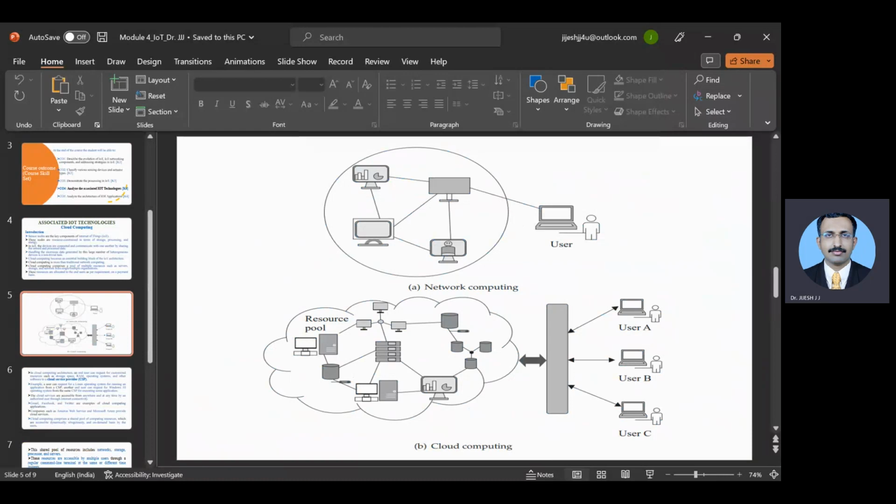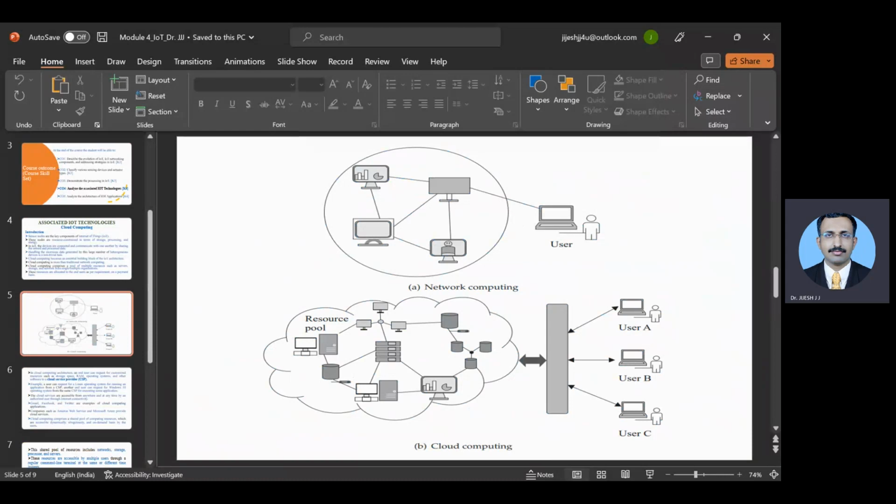You can do all this in the cloud database. You can do the processing, computing, transfer of information and storage of information. All these things can be done. So these are the two figures you can see there. One is network computing and the second one is cloud computing.